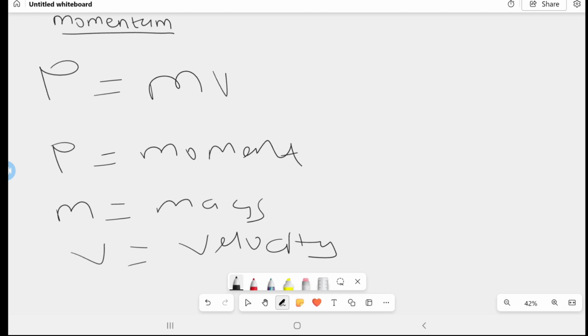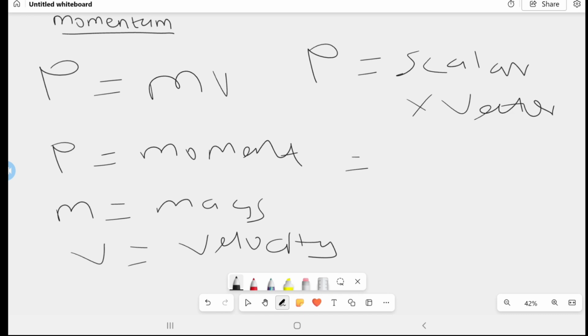So it means P is made out of a scalar multiplied by a vector, which is going to be a vector.